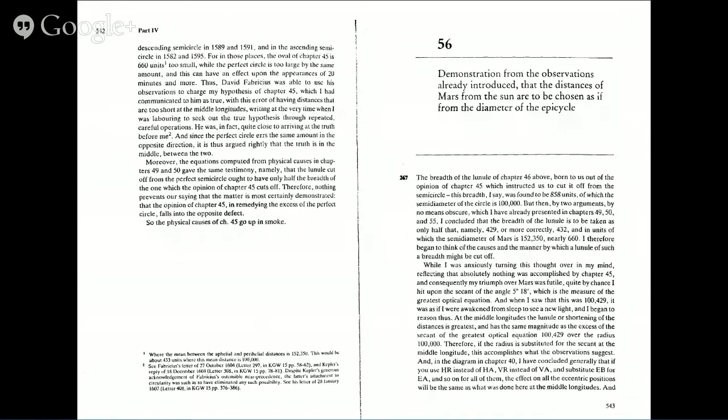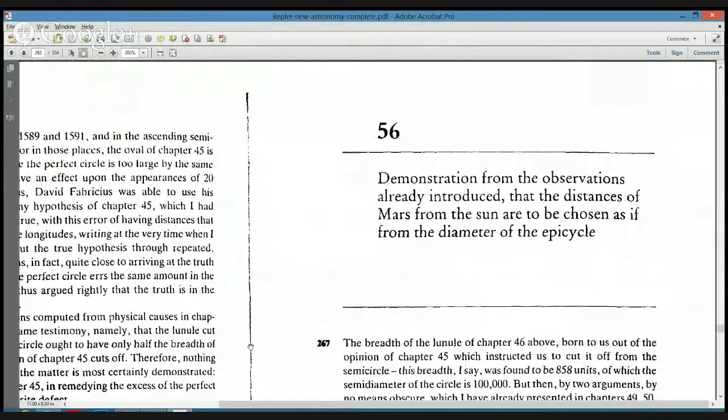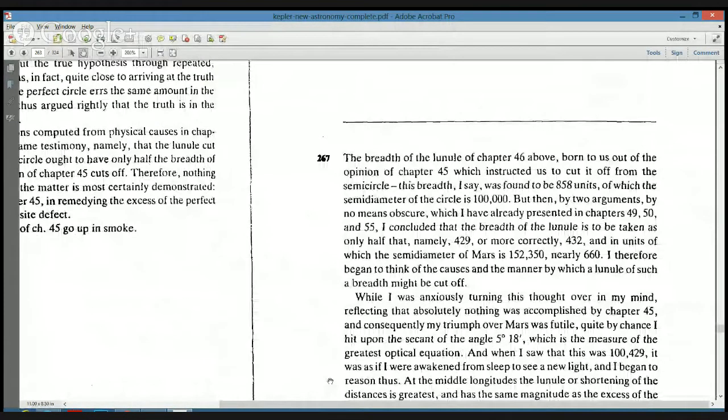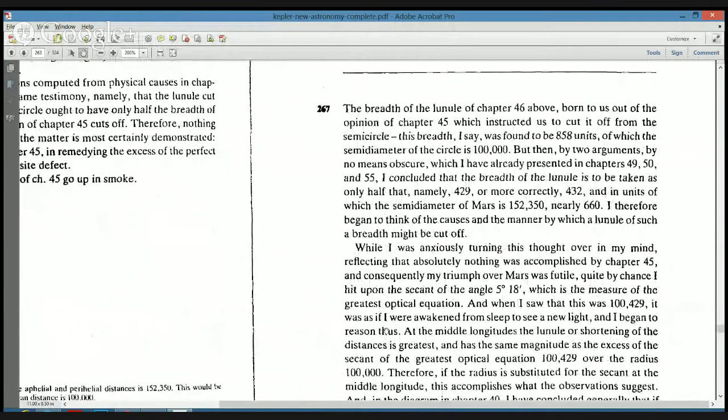But then, by two arguments, by no means obscure, which I have already presented in chapters 49, 50, and 55, I concluded that the breadth of the lunule is to be taken as only half that, namely 429, or more correctly, 432, and in units of which the semi-diameter of Mars is 152,350, nearly 660. I therefore began to think of the causes and the manner by which a lunule of such a breadth might be cut off.